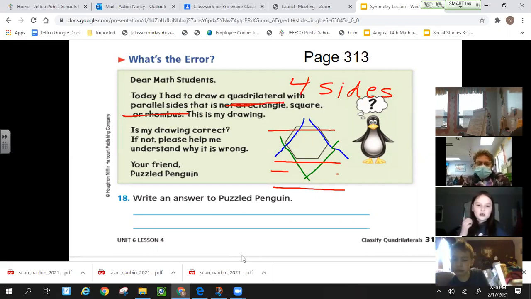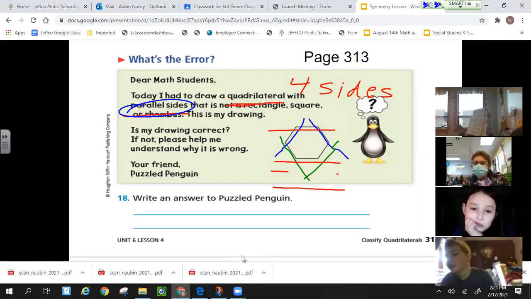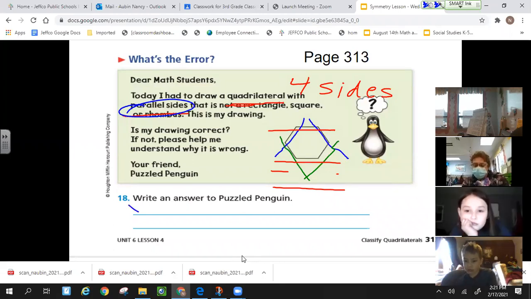So you could have also mentioned to Puzzled Penguin, not only does the shape you drew have 6 sides instead of 4, it also does not have what? Parallel sides. So is he wrong? Yes, he's wrong.